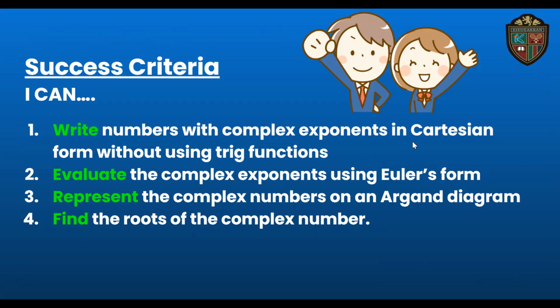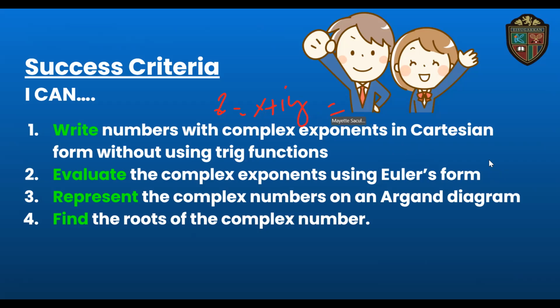So what we have learned so far are complex numbers in Cartesian form. We also have what we call the polar form, sometimes called trig form. And then another is Euler form. So Cartesian form is z equals x plus iy.